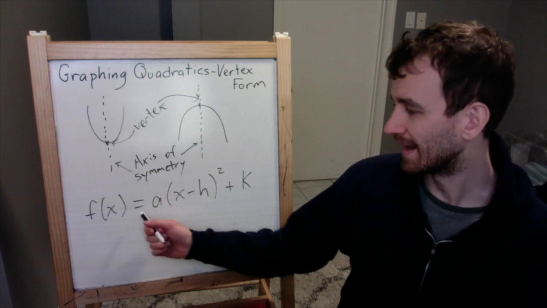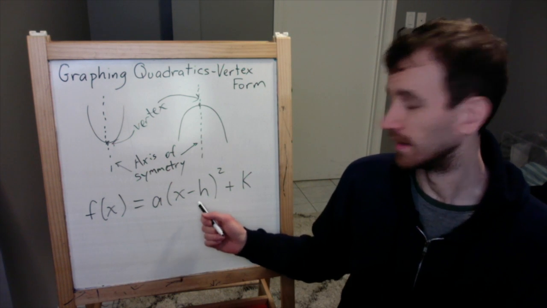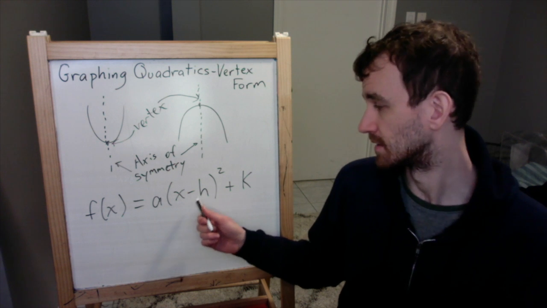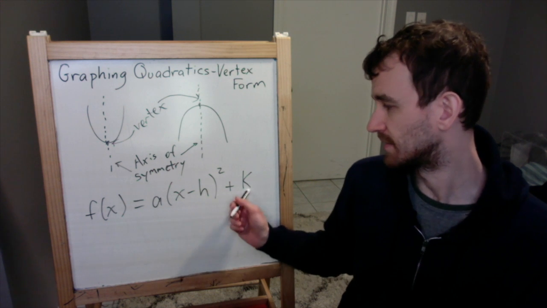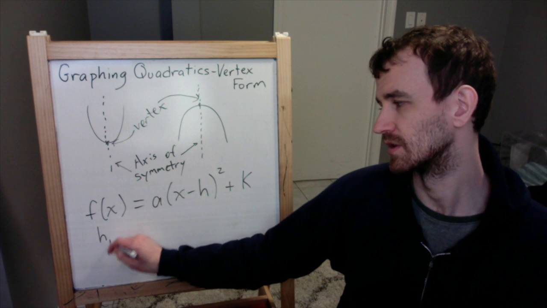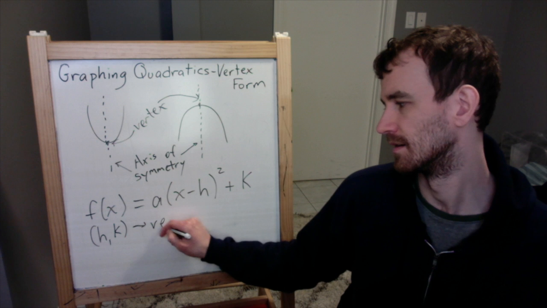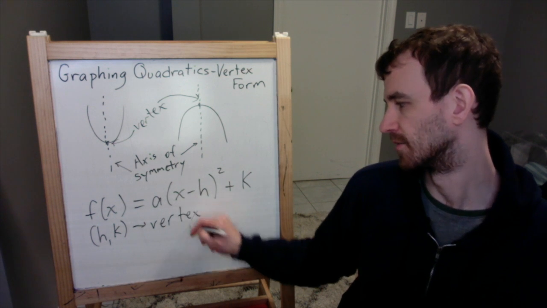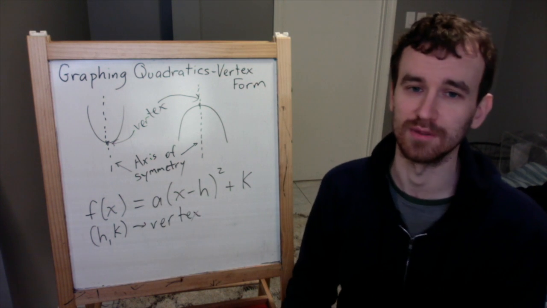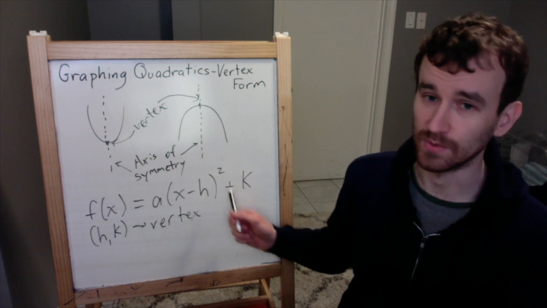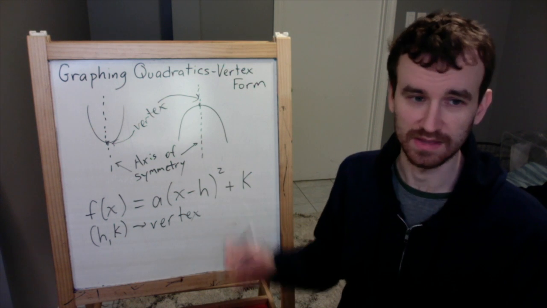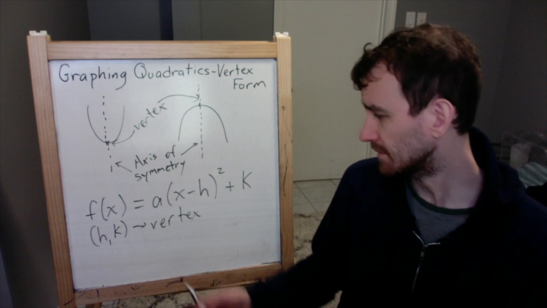Because when we have vertex form, it tells us where the vertex is. This value and this value tell you what the vertex is, h, comma, k. The ordered pair (h, k) is the vertex of your parabola. So if you have (x minus 2) squared plus 3, the vertex is at the point (2, 3).